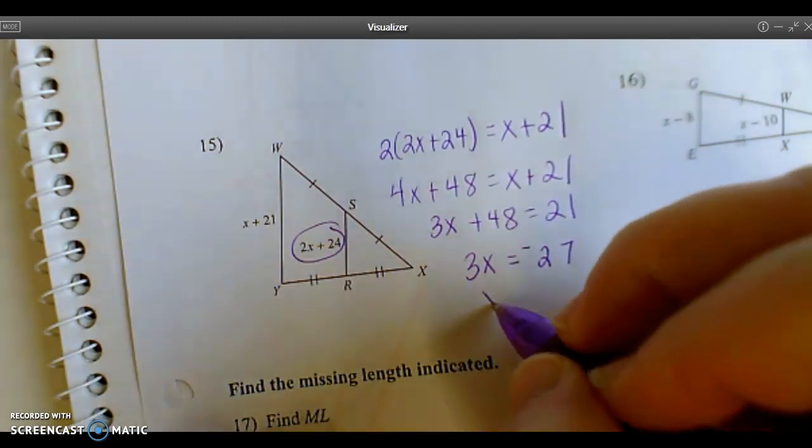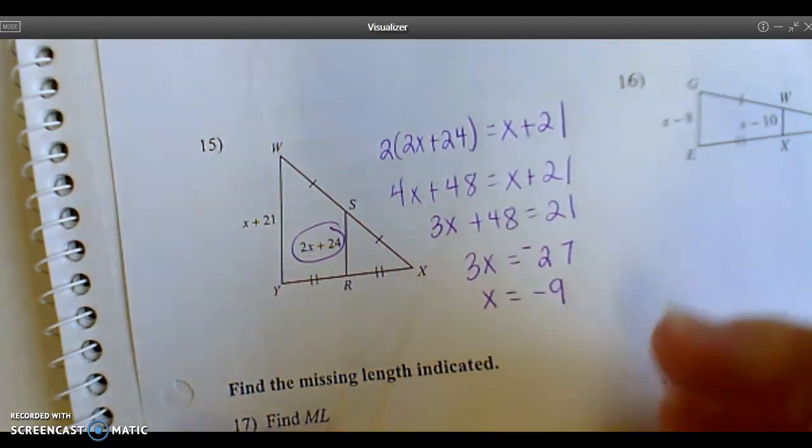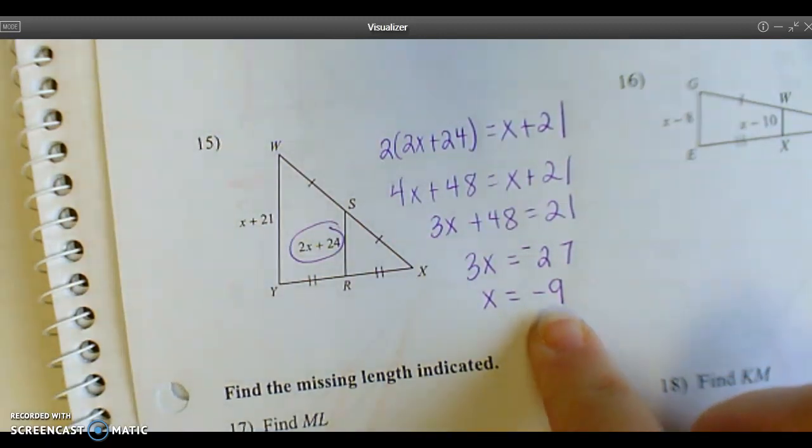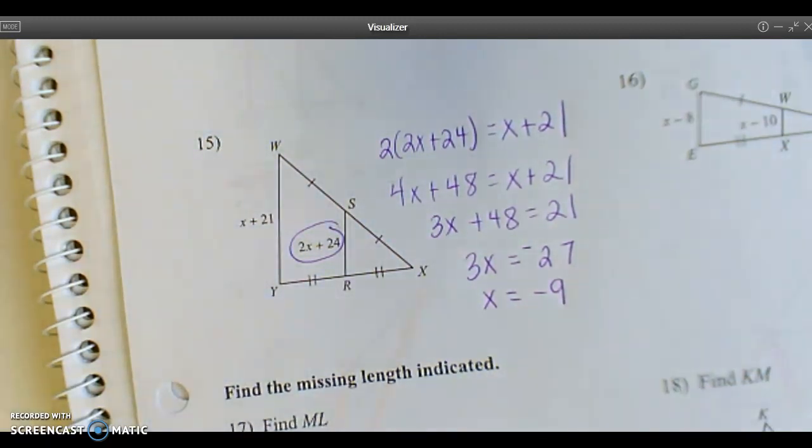And then divide by 3. And it is okay to get a negative number for x as long as x is not the length of the side.